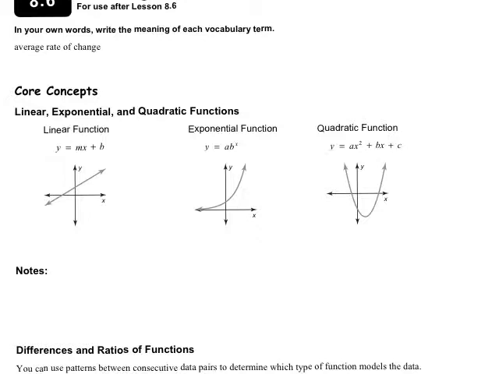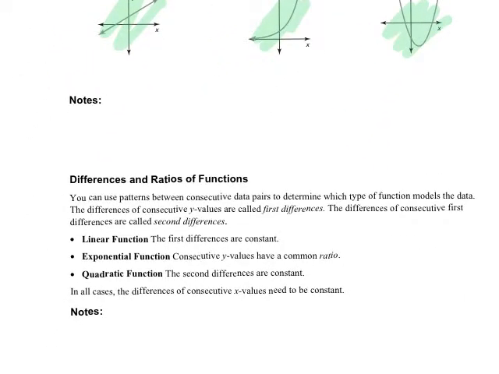So here are our functions. You should be able to compare those three functions. You should be able to compare the graphs. And then all the way down at the bottom, the tables of data. So this is essentially how the tables of data are moving.